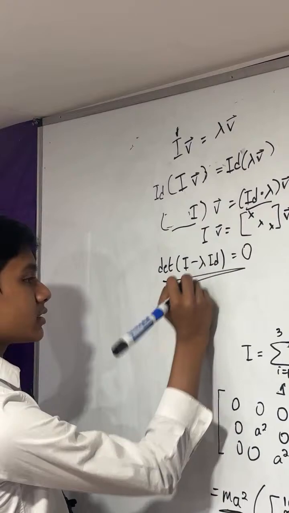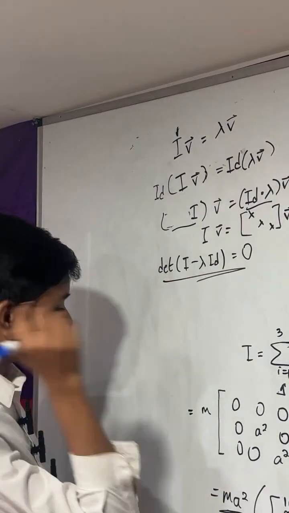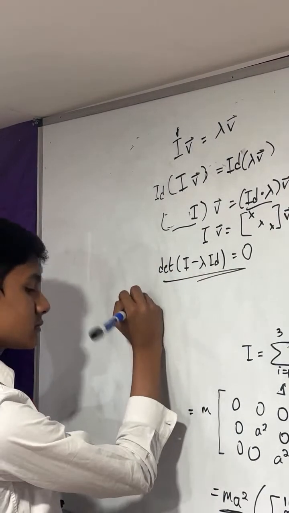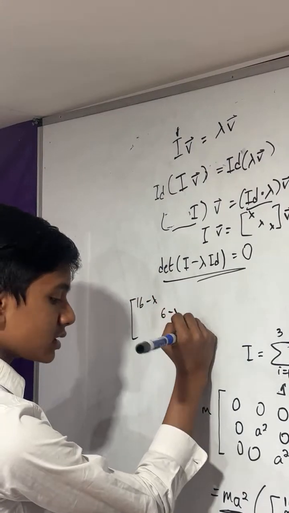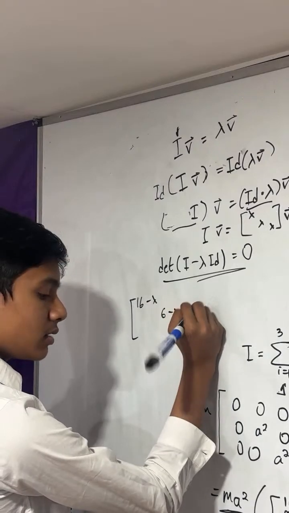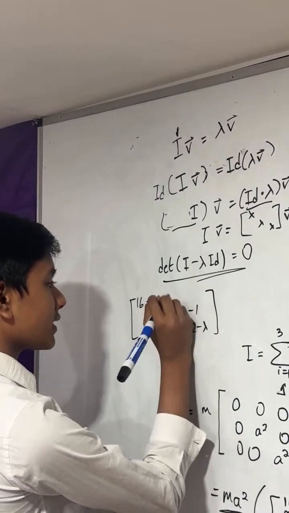So what's the determinant of this? Well, it's going to be 16 minus lambda, 6 minus lambda, 12 minus lambda, minus 1, everything else is 0.